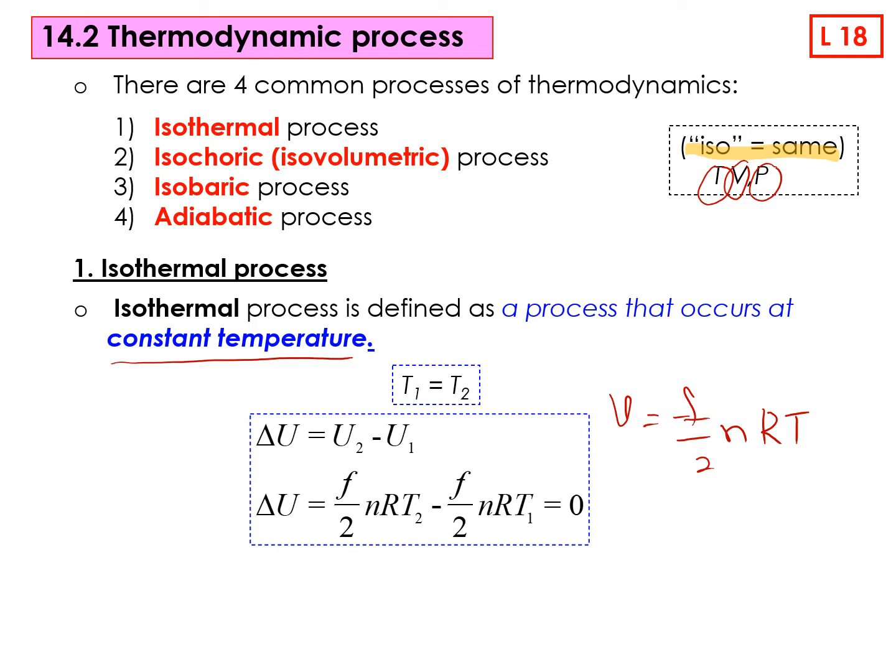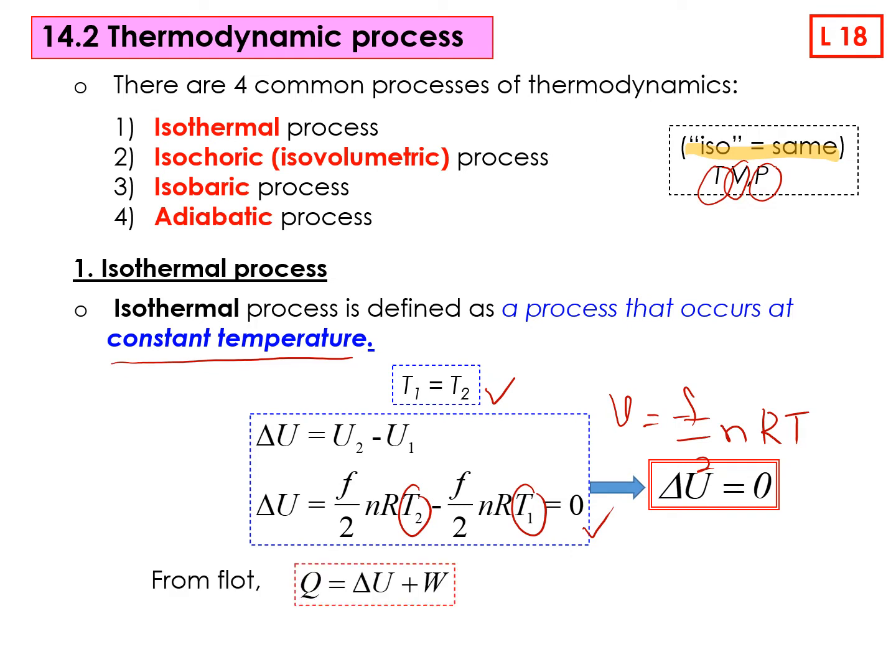Since T1 is equal to T2, the temperatures are the same, so when we subtract, the change in internal energy will be equal to 0. So delta U will be equal to 0.